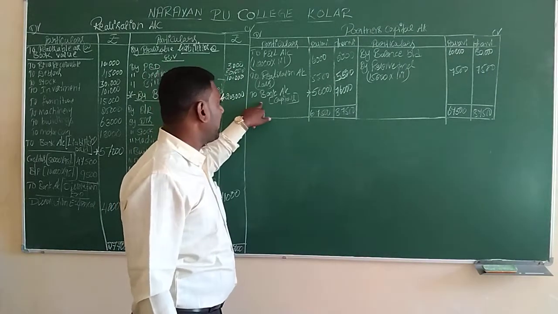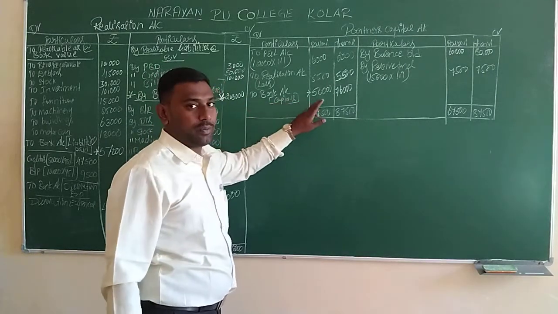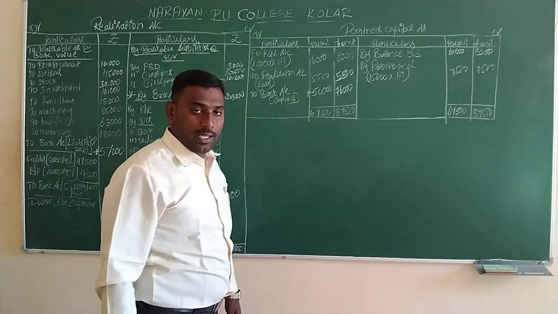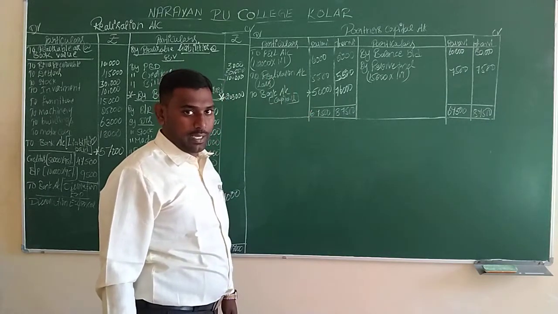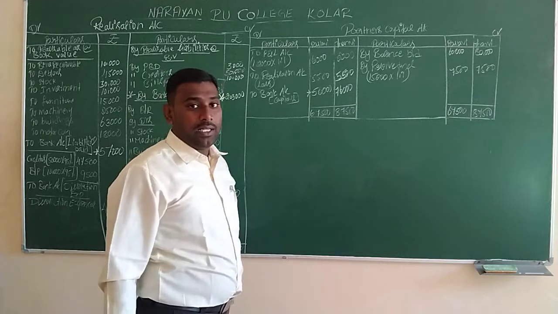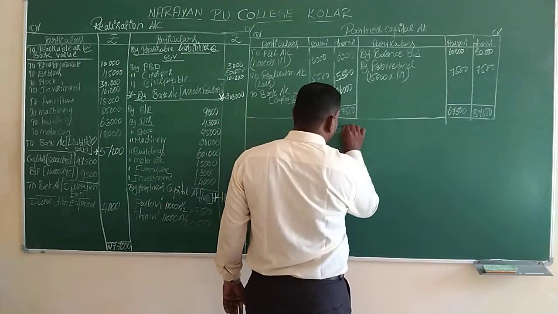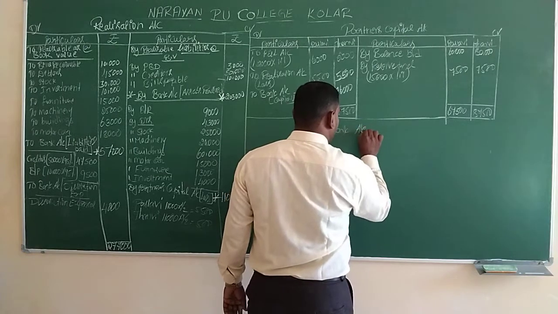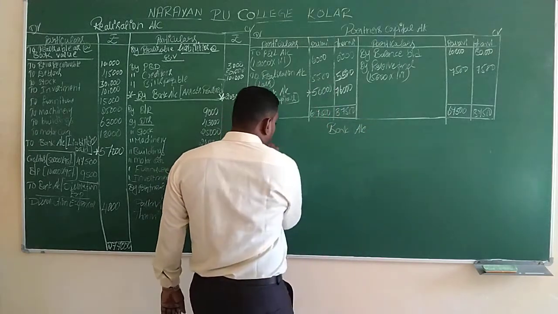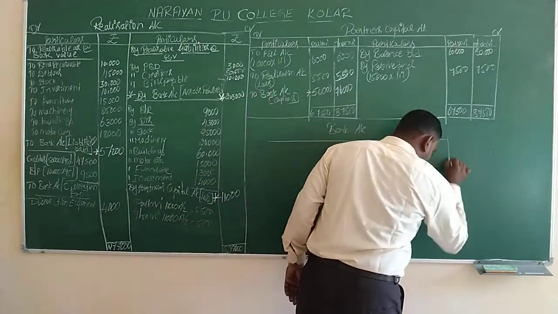So directly we will write to bank account. In bracket we have to write capitals. The second account is also completed. Let's come to the third account, that is bank account. For this also we have to draw the columns.